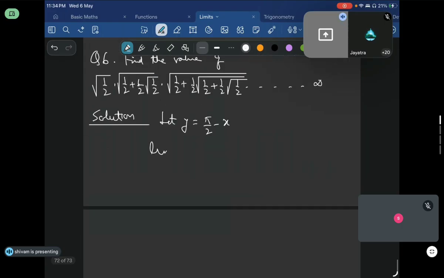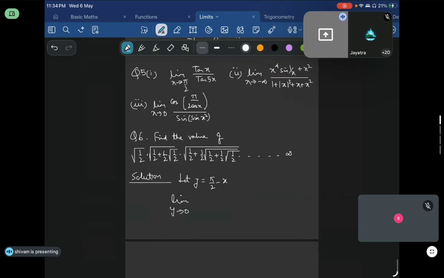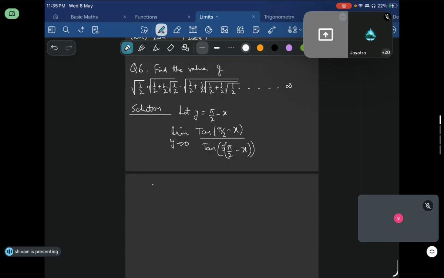You'll get limit y tends to 0. Over here you are going to get tan of pi by 2 minus x upon tan of 5 into pi by 2 minus x. So this will become limit y tends to 0, tan of pi by 2 minus y upon tan of 5 into pi by 2 minus y.